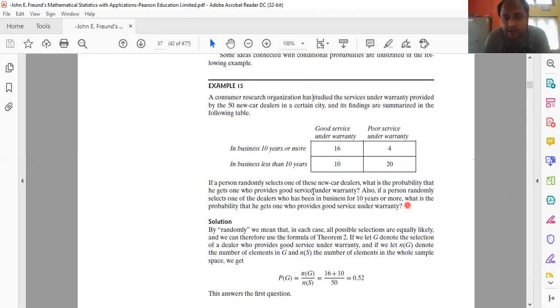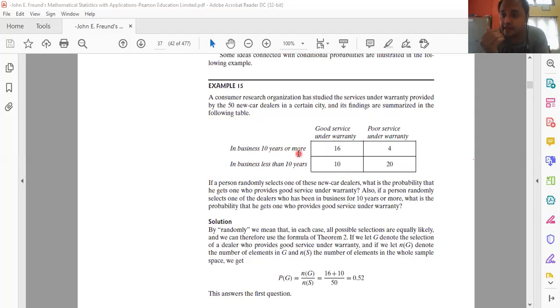Now, if a person randomly selects one of the dealers who has been in business for 10 years or more, that means the person wants to select the car dealer from this particular row only. He has studied the market and he has identified the number of car dealers which are in business for 10 years or more, or 10 years or less.